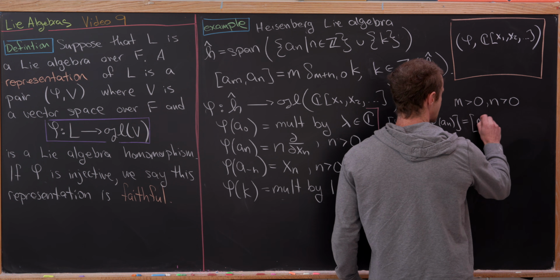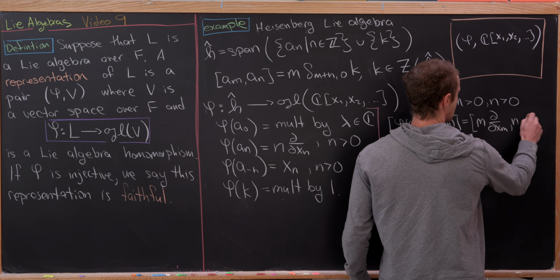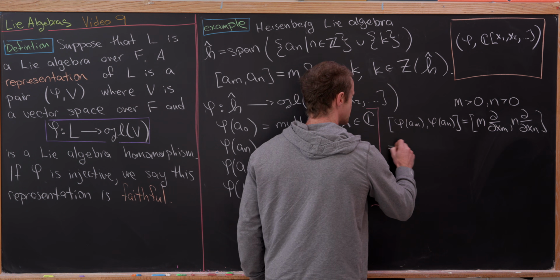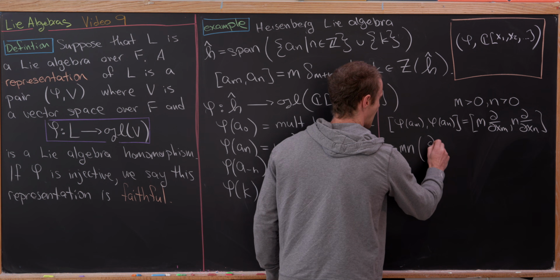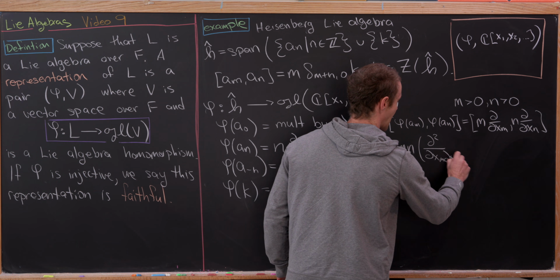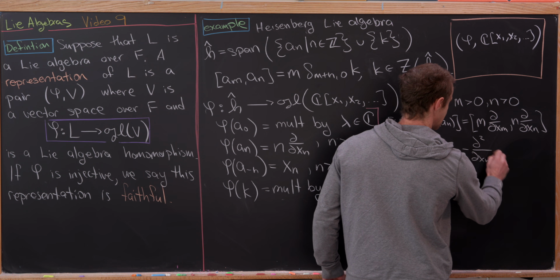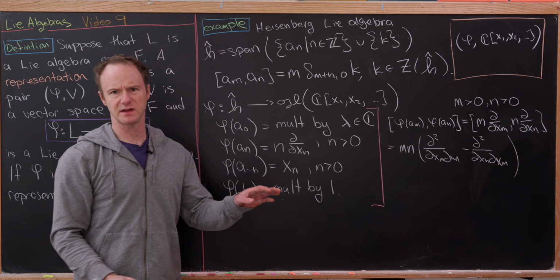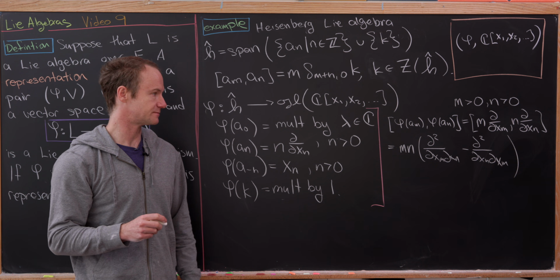So that means here we get m times the partial with respect to x_m, n times the partial with respect to x_n. So that's going to turn into m times n, and then we'll have the second partial with respect to x_m and then x_n minus the second partial with respect to x_n and x_m.